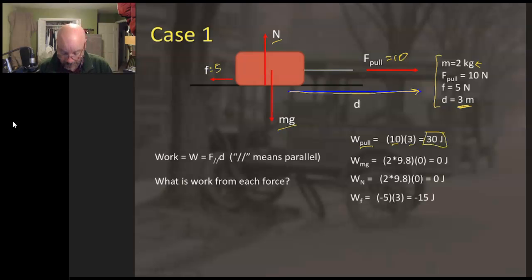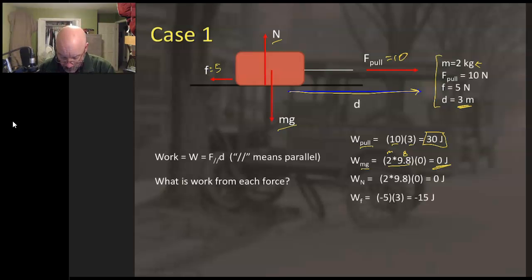Now, the work done by gravity, it's the weight, there's M, here's G, but it doesn't go up or down, does it? Because all that matters is how much it moves relative to that force. So in that case, it's 0. They're perpendicular, so I don't get any energy. That doesn't affect my kinetic energy at all.